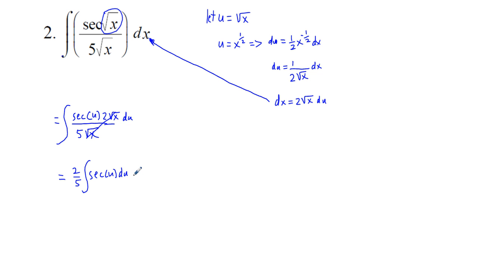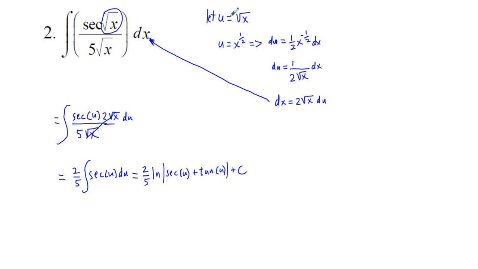So it's going to be equal to 2/5 the natural logarithm of the absolute value of secant u plus tangent u plus our constant of integration c.